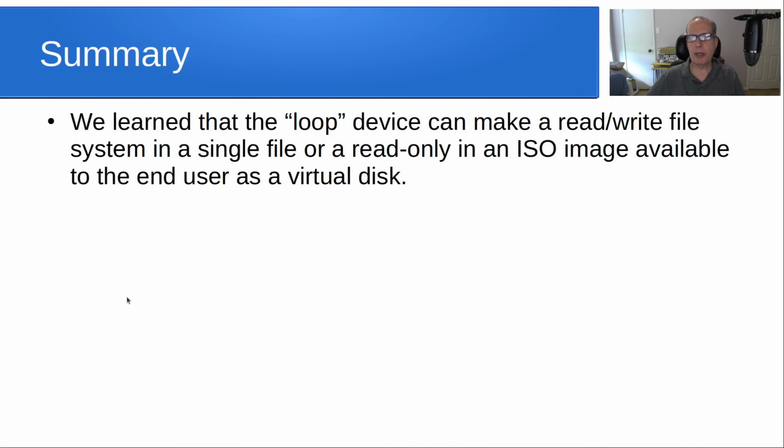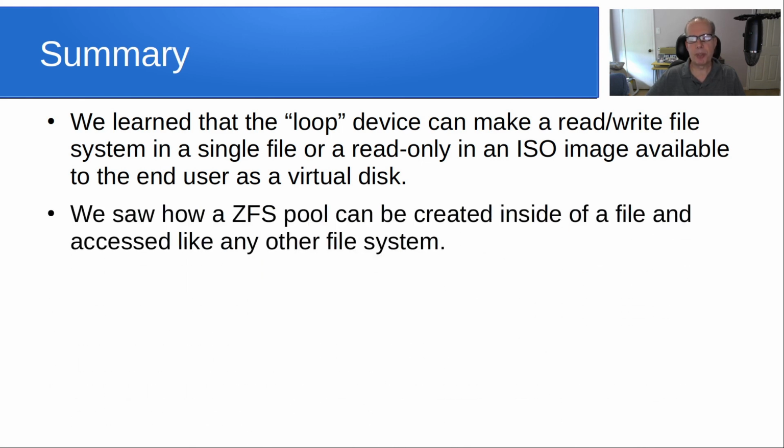So in summary, we learned that the loop device can make a read-write file system in a single file or a read-only in an ISO image available to the end user as a virtual disk. We saw how a ZFS pool can be created inside of a file and accessed just like any other file system.